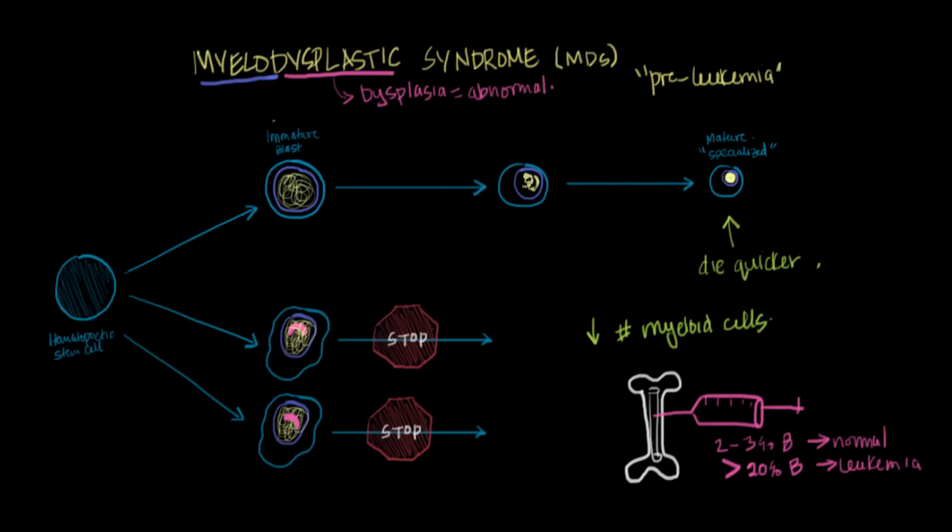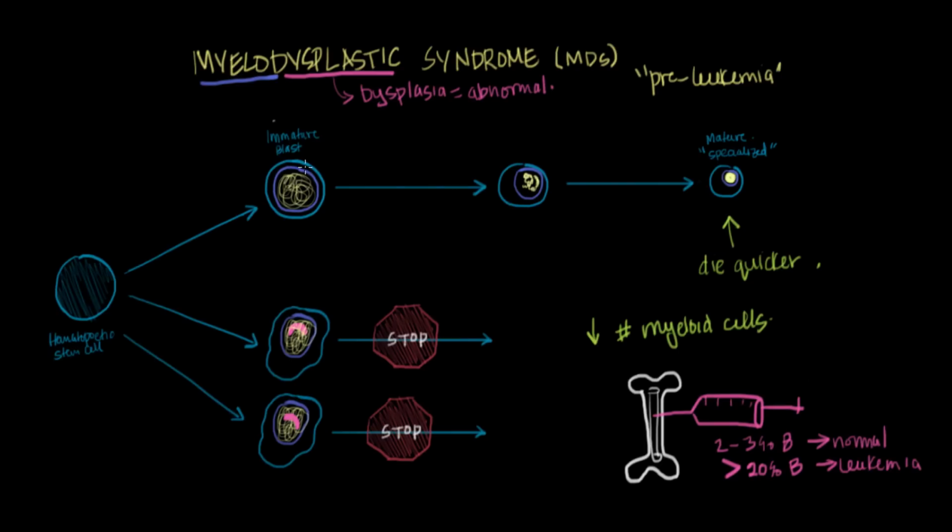Now, in myelodysplastic syndrome, yes, we would see an increase in the number of immature blast cells compared to the number of mature cells, simply because these cells aren't maturing, aren't turning into these specialized mature cells, right? So we expect to see a greater number of these immature cells compared to the mature cells.